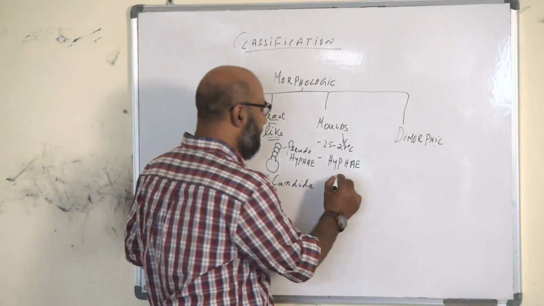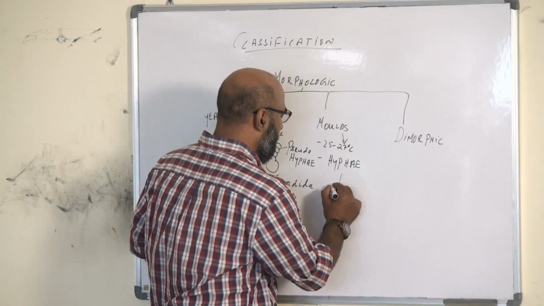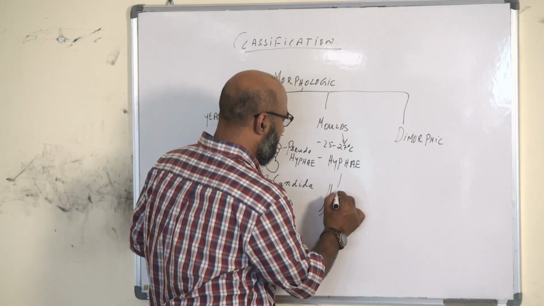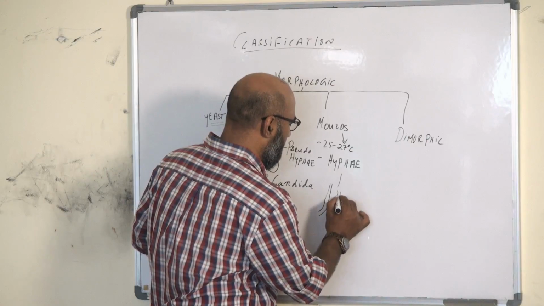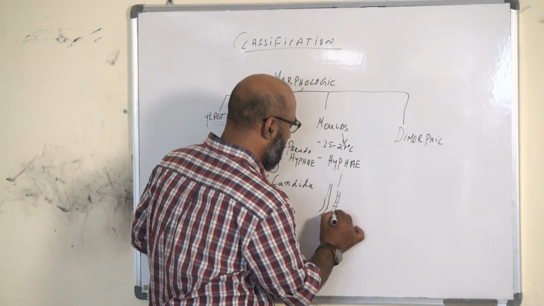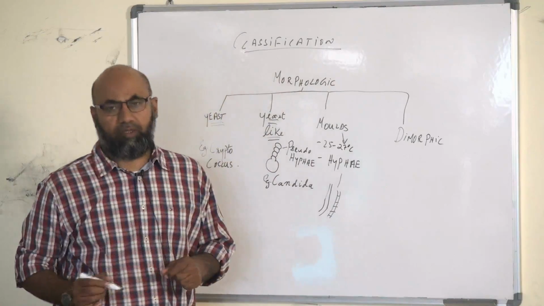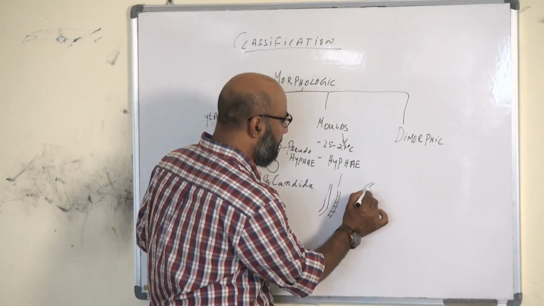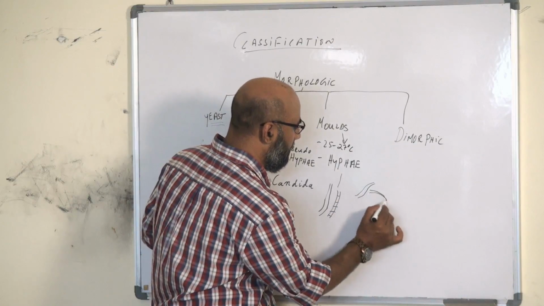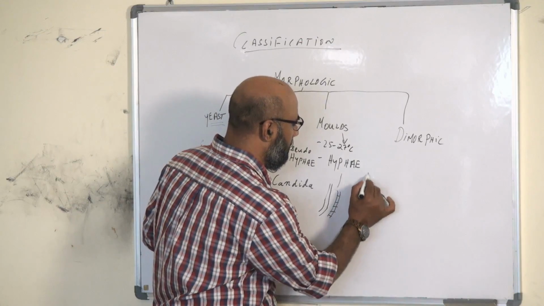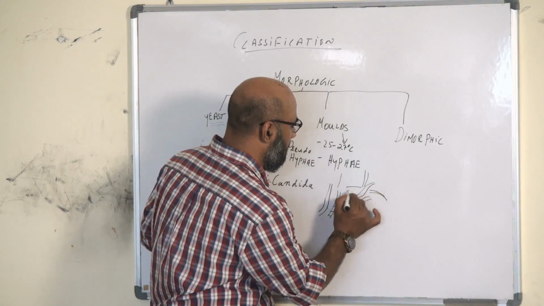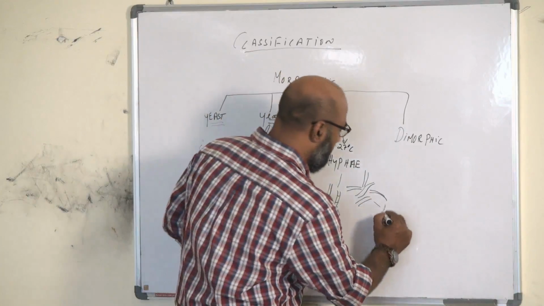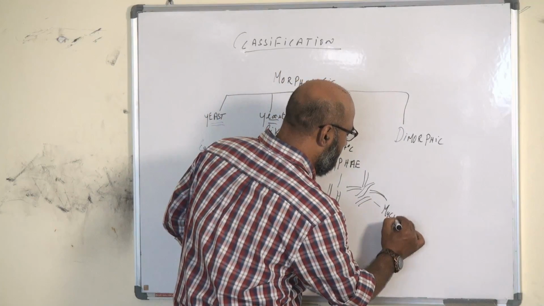Hyphae are filamentous structures which may be either septate or non-septate filaments, and when there is a cluster of hyphae, this cluster of hyphae is called the mycelium.